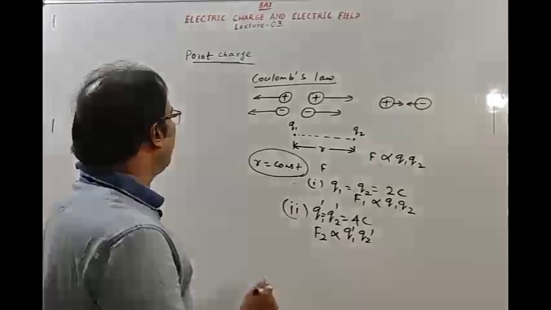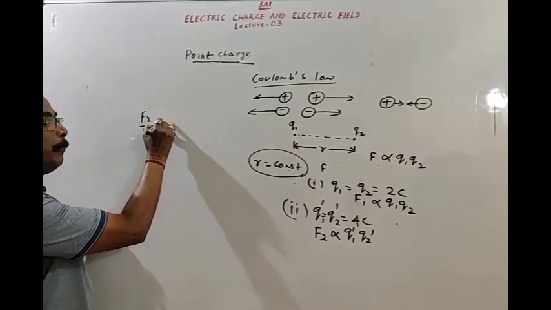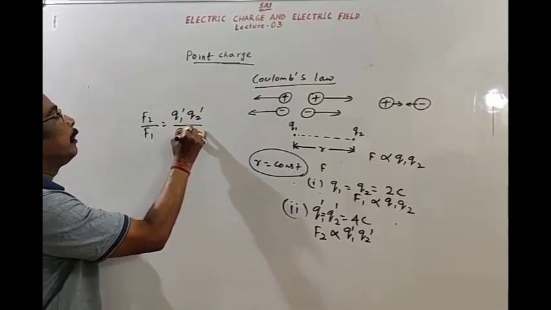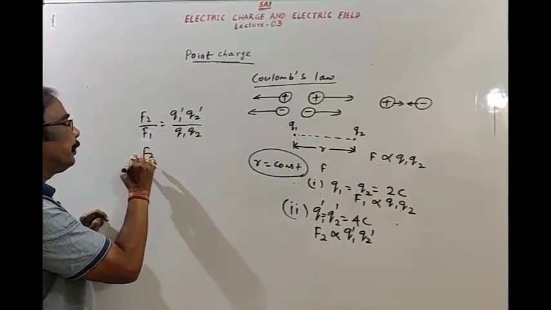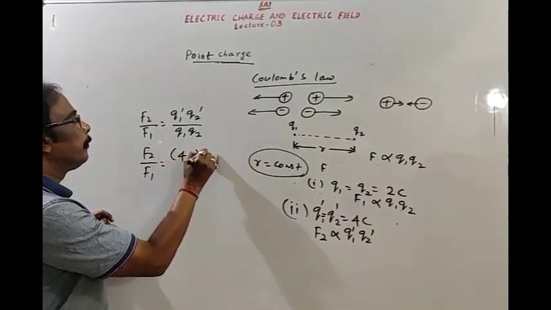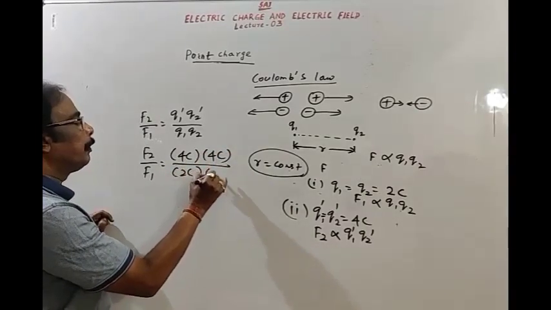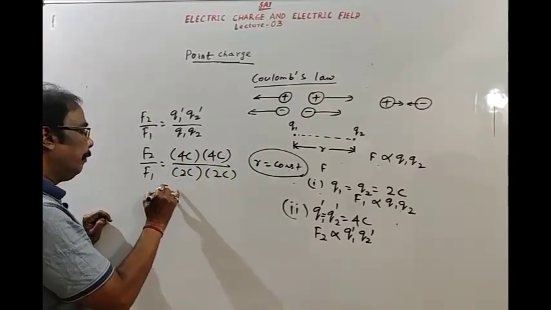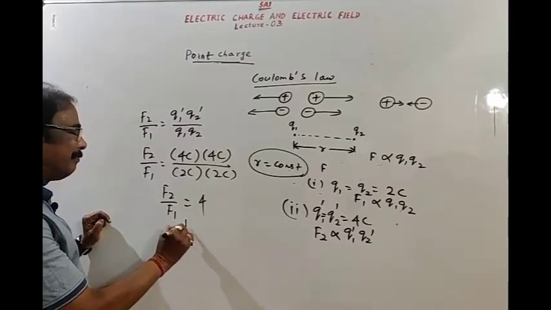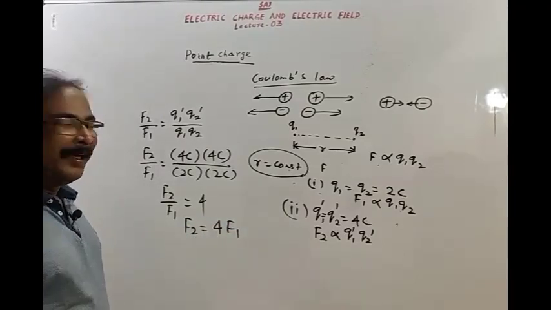If you now compare, F2 divided by F1 is Q1 dash Q2 dash divided by Q1 into Q2. So F2 by F1 is equal to 4 Coulomb times 4 Coulomb divided by 2 Coulomb times 2 Coulomb. Then F2 by F1 becomes 4, meaning F2 becomes 4 times F1.